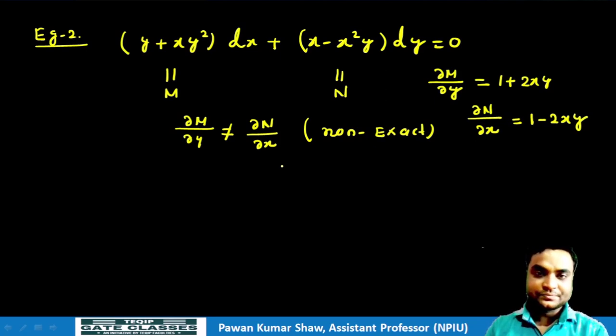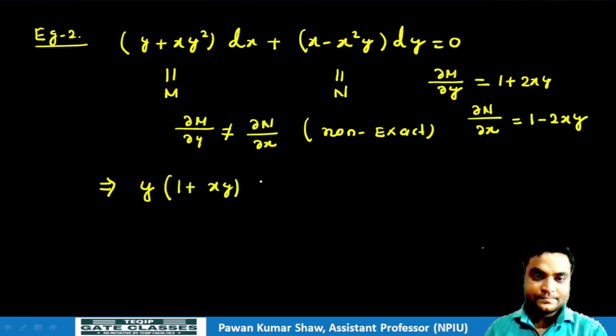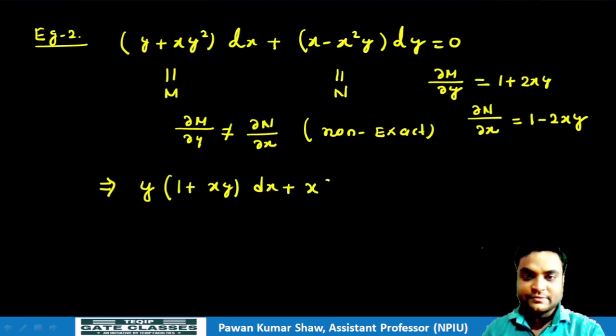But here you can notice that in the first term, that is our M term, we can take y common. If we take y common, we are able to write (1 plus xy) dx, and in the second term, if we take x common, we can write (1 minus xy) dy equal to 0.